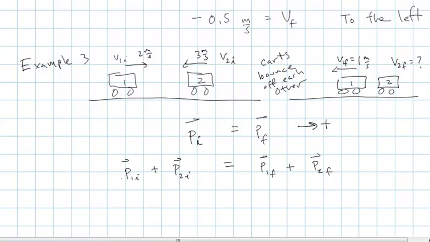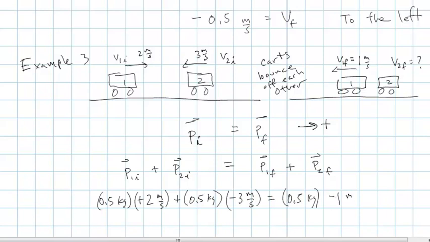So this is going to be 0.5 kilograms times a positive 2 meters per second. That's the initial momentum of cart 1. The initial momentum of cart 2, 0.5 kilograms times a negative 3 meters per second. That's going to equal the final momentum of cart 1, minus 1 is its velocity.